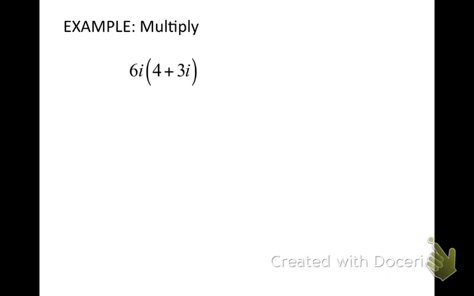So this is where it gets a little bit more complicated because you're going to end up with those i squareds. And we have to remember that i squared is negative 1. So distributing 6i to a 4 gets me 24i. 6i times 3i would be 18i squared.